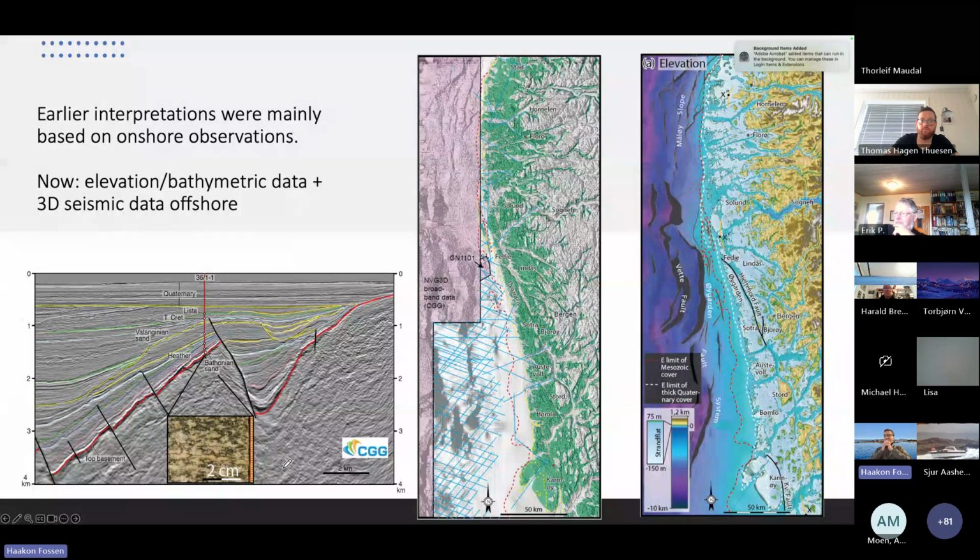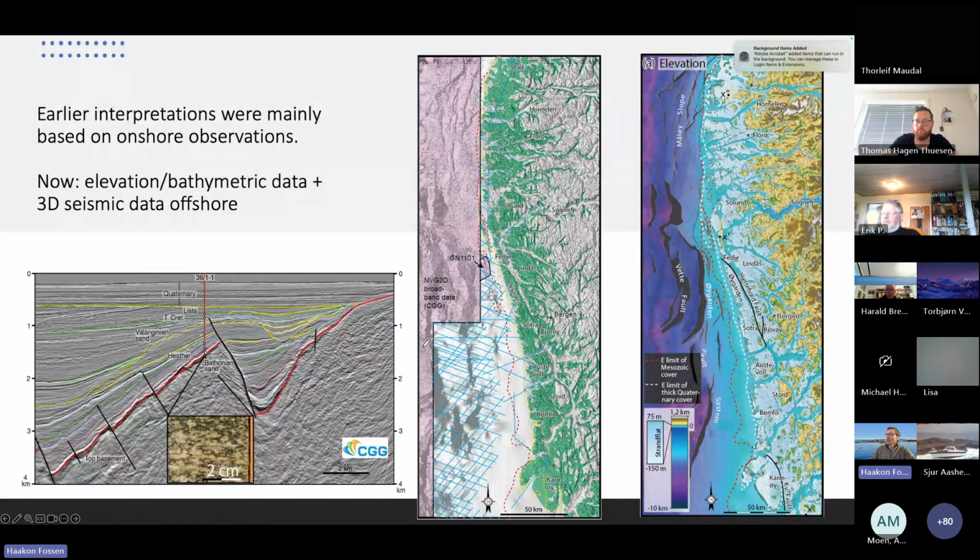Okay, the strandflat. In the old days, observations were mostly made from what we could see onshore, what's above sea level. Today, we also have good bathymetric data, and we have seismic data.